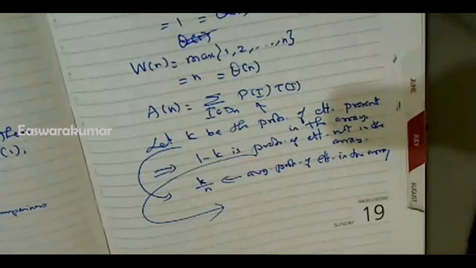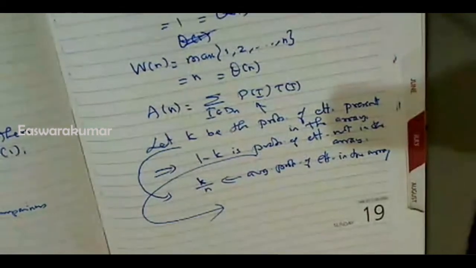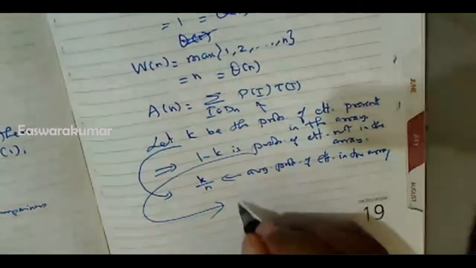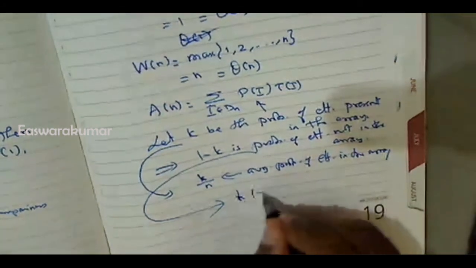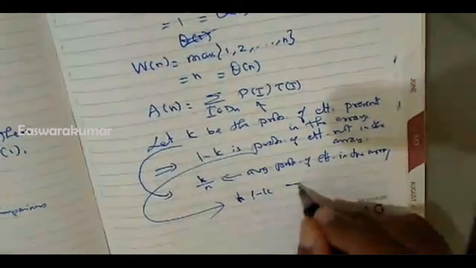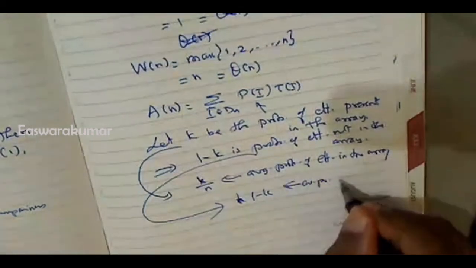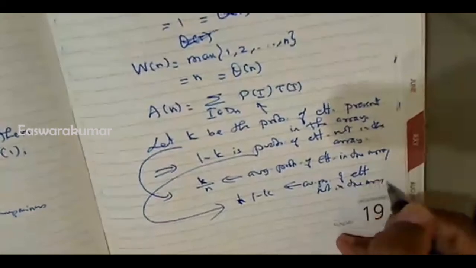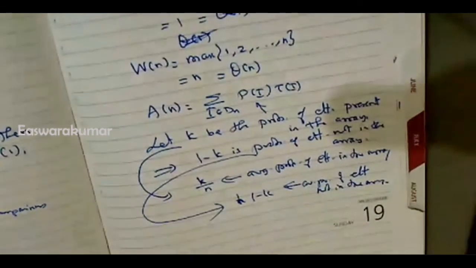So it is 1 minus K by 1 only. Therefore, the average probability of element not in the array is 1 minus K alone. So we got the average probability.